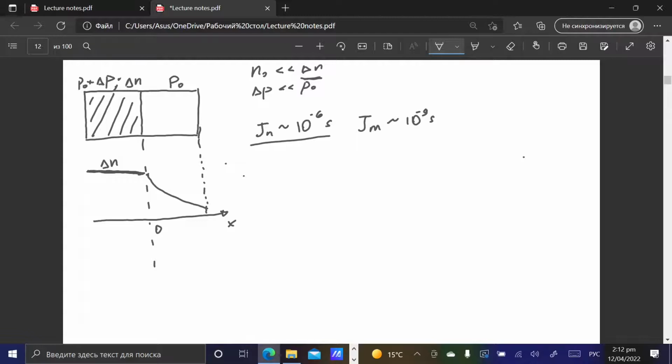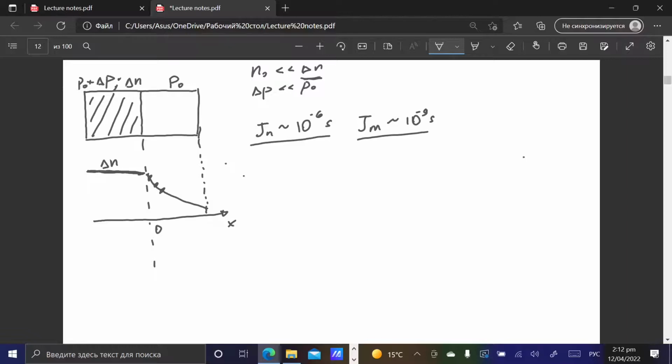When we have some excess of these minority charge carriers, like here in this region, their electric charge will be compensated very quickly, because tau m, the Maxwell relaxation time, shows how fast majority charge carriers can respond to any change of electric charge in the material.